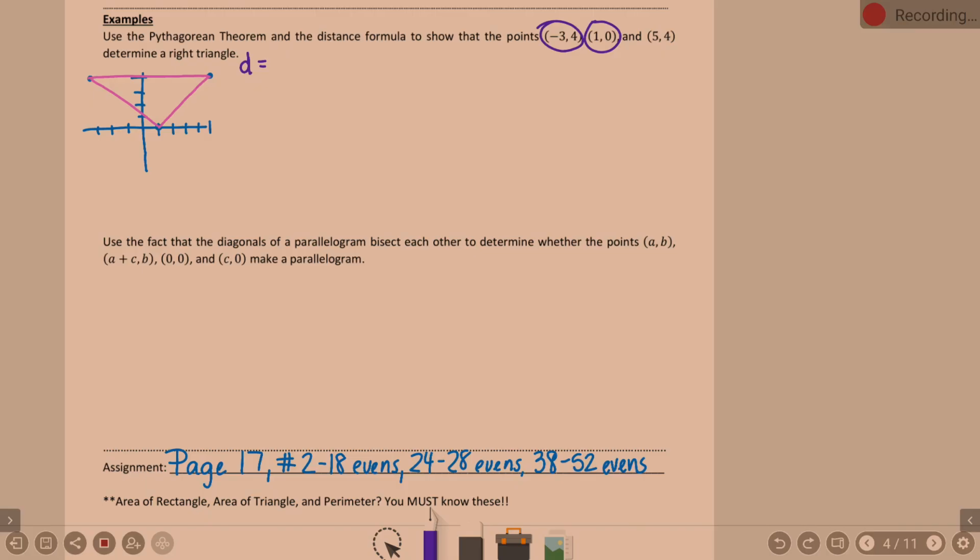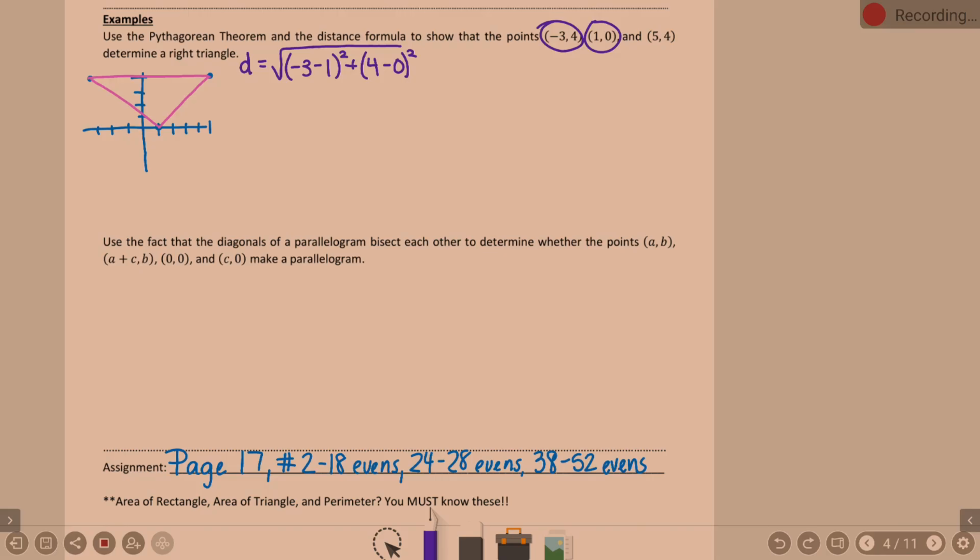Now, this is the distance between ordered pairs, so we're using the square root. Square root of x minus x. I'm going to say -3 minus 1, quantity squared, plus y minus y, 4 minus 0, quantity squared.